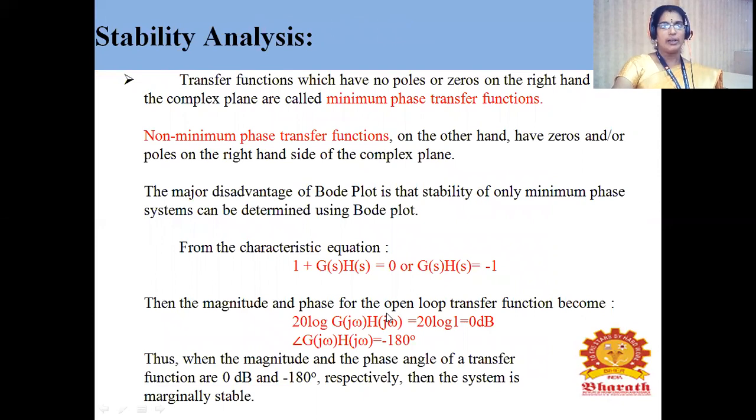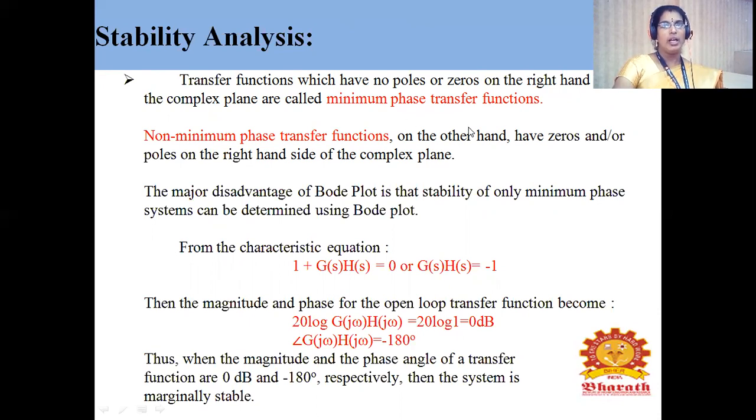Okay, this is the general concepts which we should know for drawing the Bode plot. Then we'll move on to stability analysis. Transfer functions which have no poles or zeros on the right hand side of the complex plane are called minimum phase transfer functions.